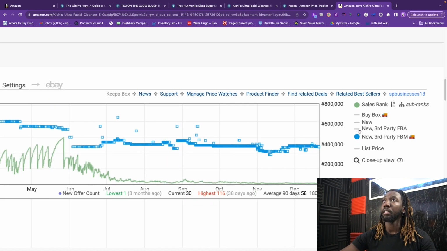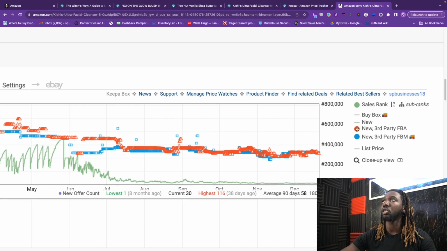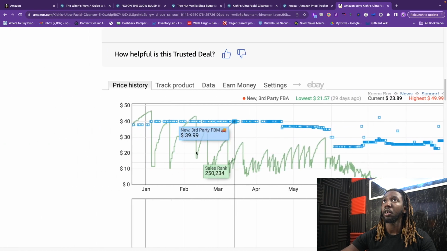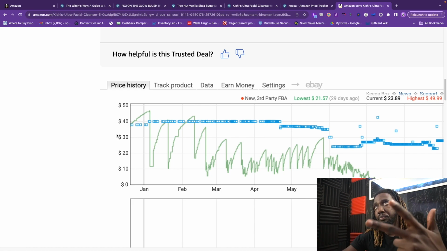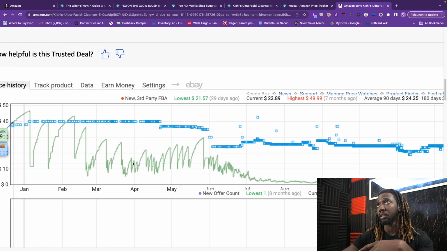For the FBM, you're also using this legend. You're using this legend here for the buy box, keeping track of prices in general, the buy box, the FBA sellers' prices, and also the FBM sellers' prices, right?